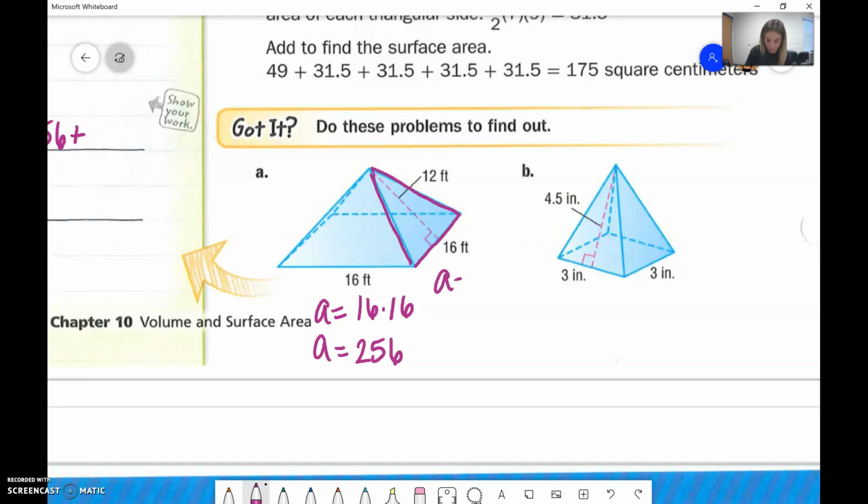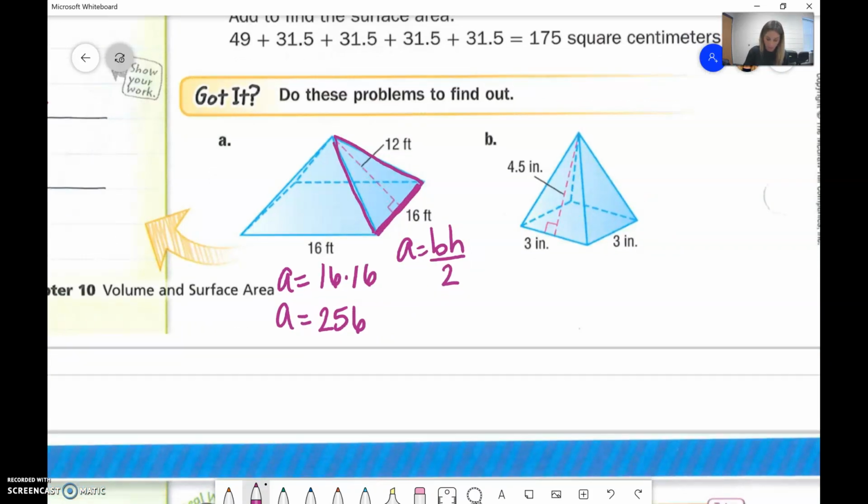So again, remember area equals base times height divided by 2. So here's my base. So area equals 16 times my height, 12, divided by 2.